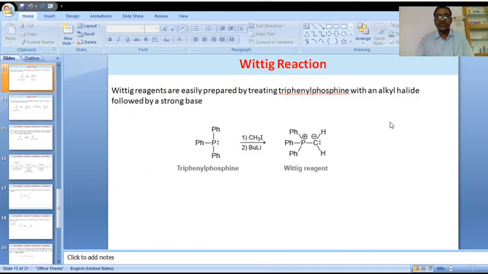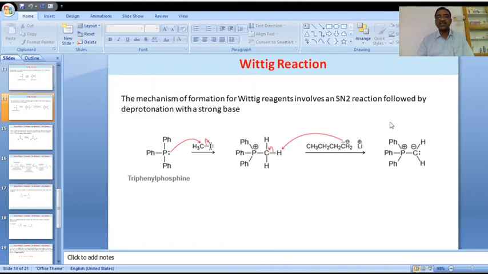Now let us go to the actual mechanism part of this Wittig reagent preparation. Here please observe. The mechanism of formation of Wittig reagents involves an SN2 reaction followed by deprotonation with a strong base.